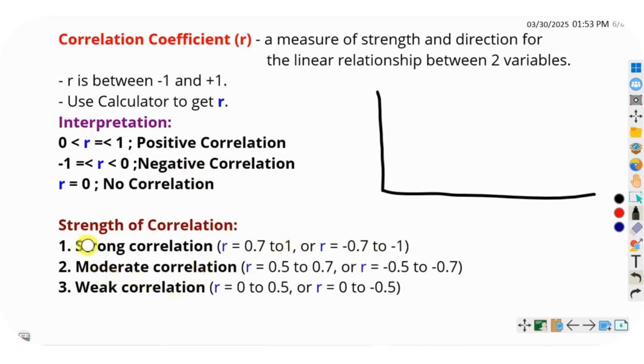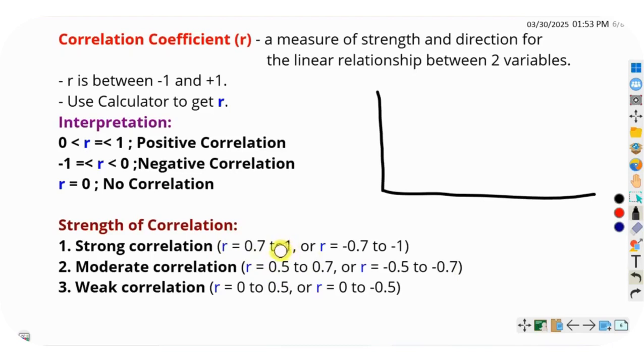And then for moderate correlation, R will be between 0.5 and 0.7. This one we call a moderate positive correlation. And if those values are negative, we call it a moderate negative correlation. It's not close to 1, because the strongest correlation is 1.